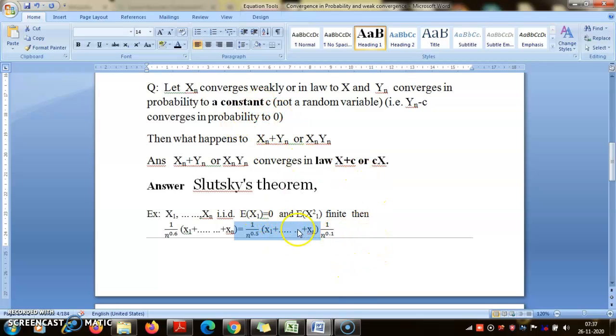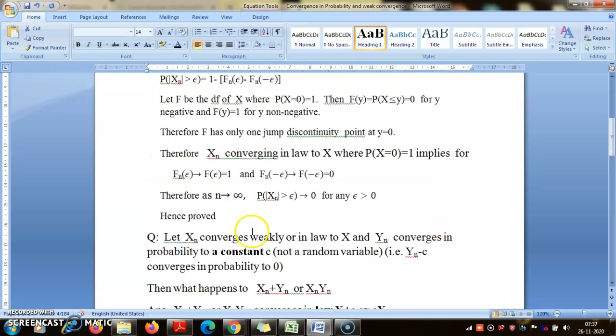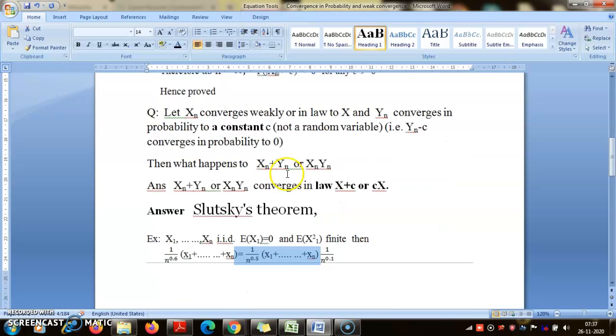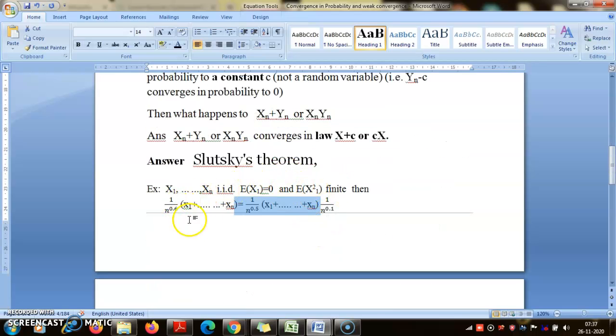So the product will converge in law to 0 times X, where X is a normal random variable, so that is 0. So this is converging in law to 0, and so by this lemma we can say that this is converging in probability to 0.